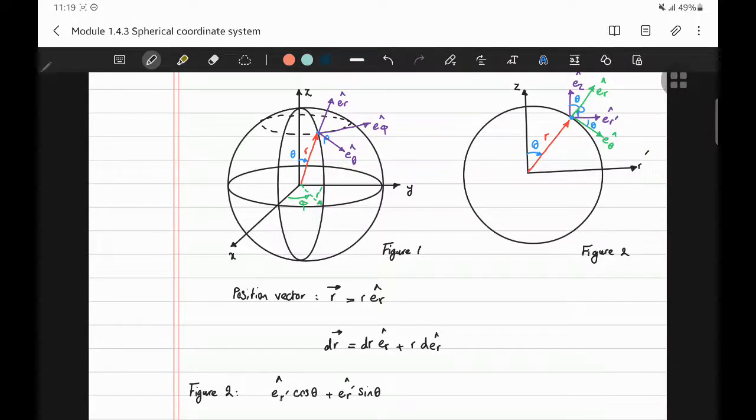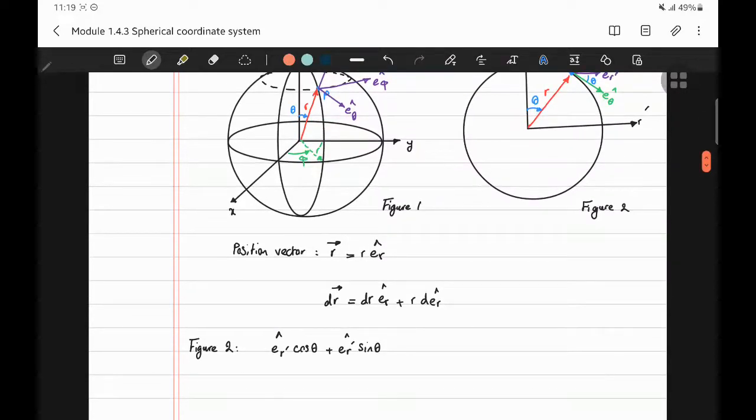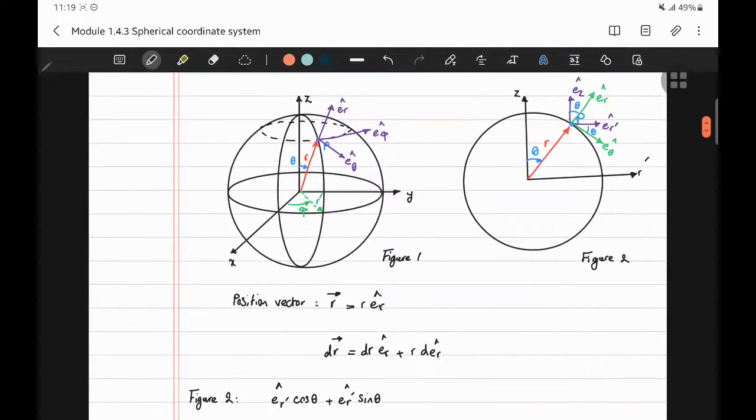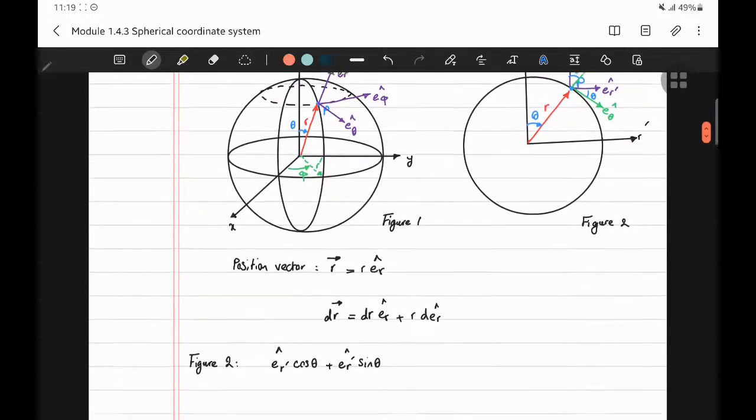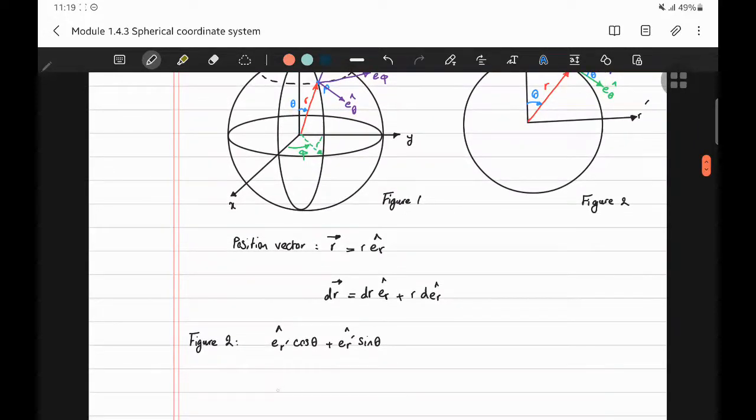So you can see here that we have er prime cosine theta, so it gives this e theta here. And if I have er prime sine theta, this is er. And for ez, I have minus ez sine theta plus ez cosine theta.